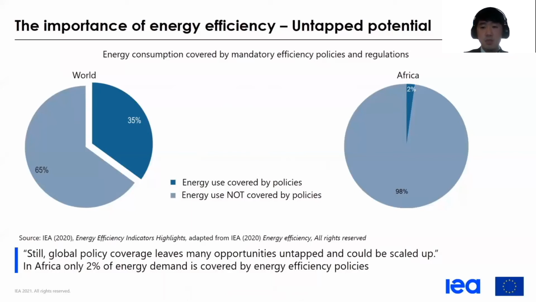So it means we still have the 98% of the possibility to improve in the future. Yeah, so that's why we need to encourage our countries to focus and start the collection on energy efficiency to track the energy efficiency policies.